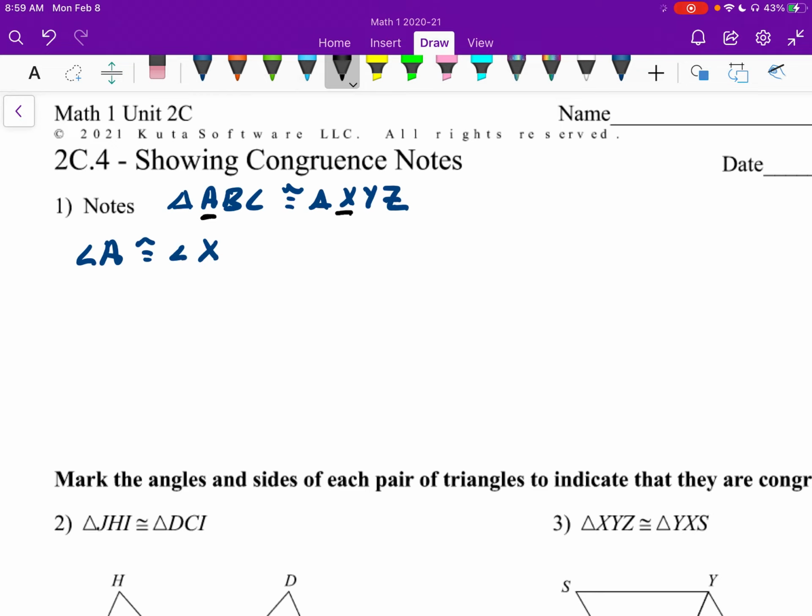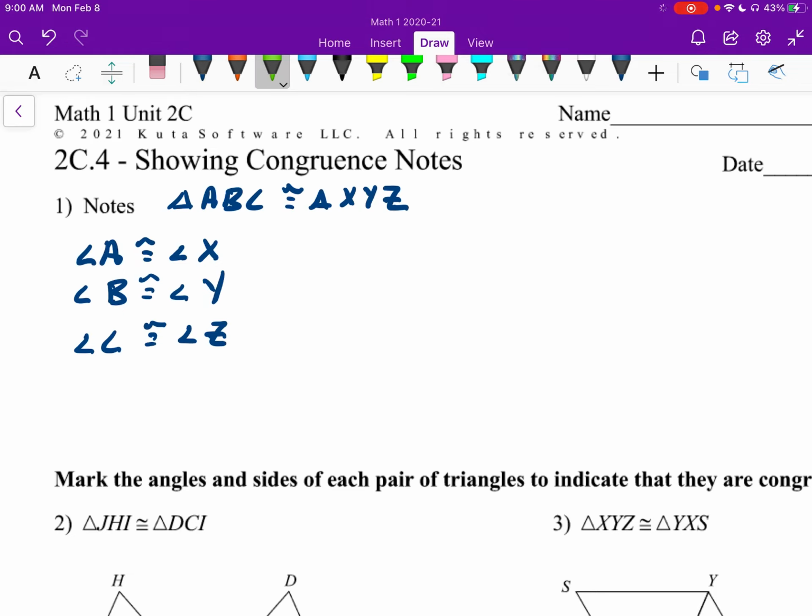X is the first one listed in the second triangle. We could also say the middle ones are congruent. So angle B is congruent to angle Y. And then angle C is congruent to angle Z. So it tells us which angles are congruent there.